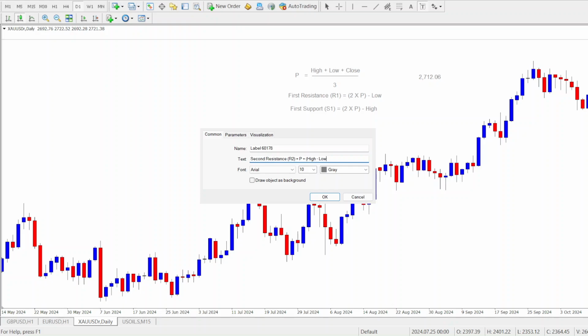Okay, so basically this is how we calculate the second resistance. It's P plus high minus low.